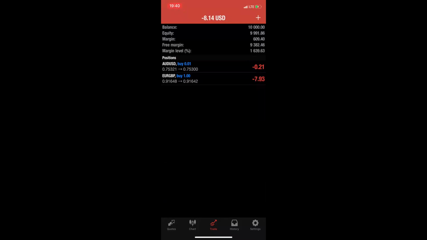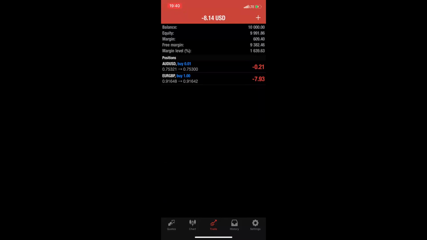It never becomes the same. My equity and my balance can never be the same until I decide to leave these two trades. You can see my equity is lower. Why? Because I'm still in loss.